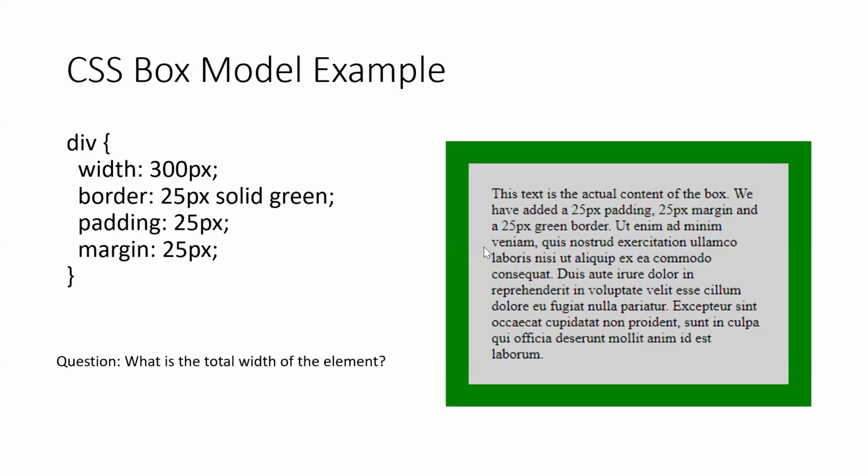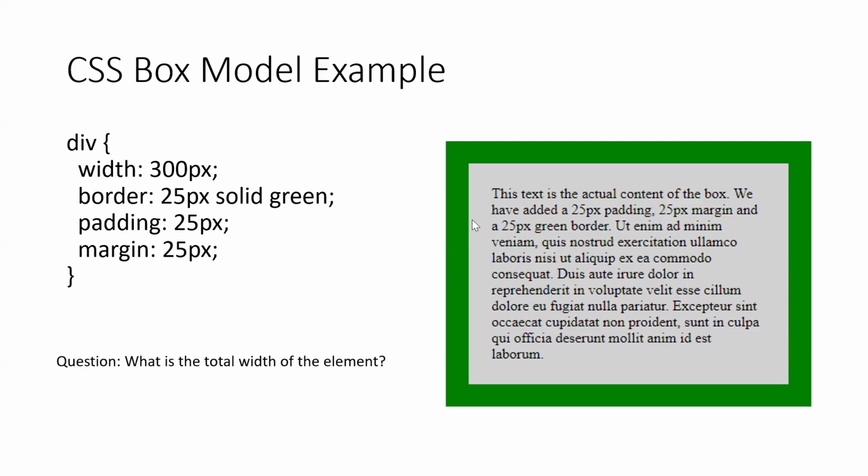Then we have padding. So we have a spacing. You have 25, 25 padding around this. So we have 300, then we have 25, 25. Then you have border. Sorry, it's not margin, it's border. You have 25, 25. Then you have margin, 25, 25.